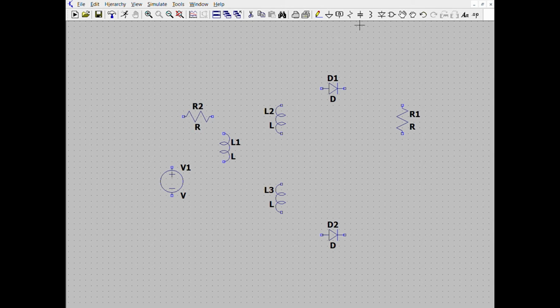So connect all the components by drawing wire. And then insert the values for this.